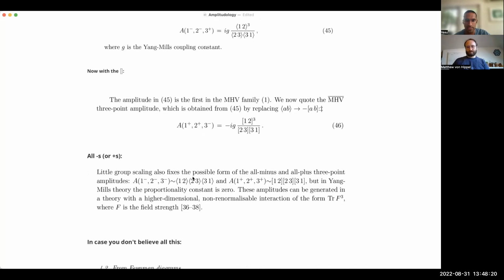What we're going to get will be pretty simple. If you have 1, 2, 3 all minuses, then you have angle brackets for 1, 2, 3. Similarly with plus, except you're going to have square brackets. But if we looked at what the coupling constant preceding this would be, in Yang-Mills theory it would just be 0. And if you included something like trace f cubed, then you would probably have some contribution that looks like this.